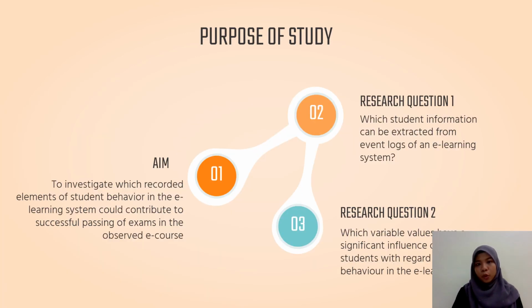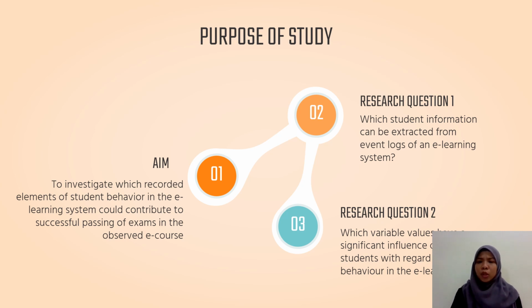In this part, we will discuss the purpose of the study. The aim of this article is to investigate which recorded elements of student behavior in the e-learning system could contribute to successful passing of the exam in the observed e-course. The research questions this article is trying to answer are as follows.